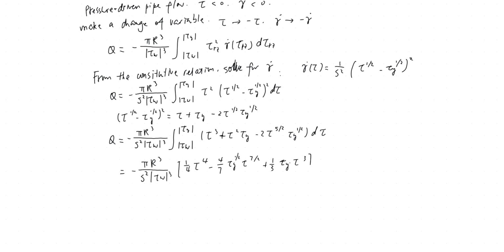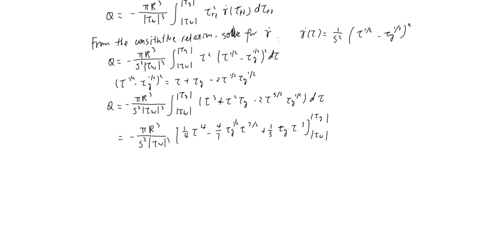The upper limit of evaluation is tau_w, and the lower limit of evaluation is tau_y. Then you substitute, evaluate at the upper limit and the lower limit, and clean it up. You will get this final relation.